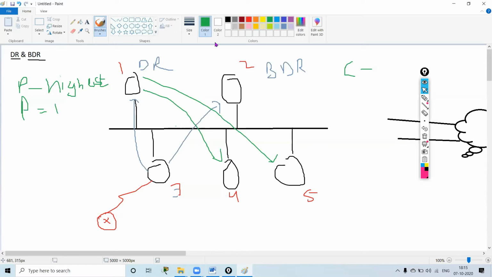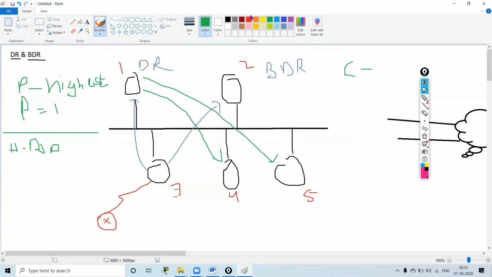Now, if there is a tie in priority, then the second thing it looks at is the highest router ID. The highest router ID will break the tie.